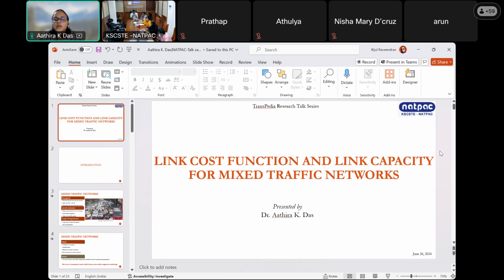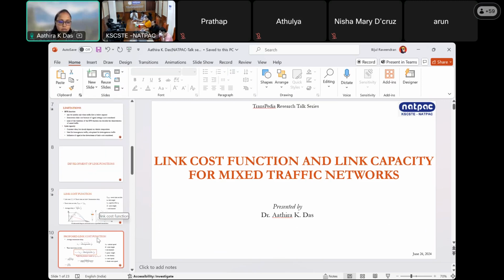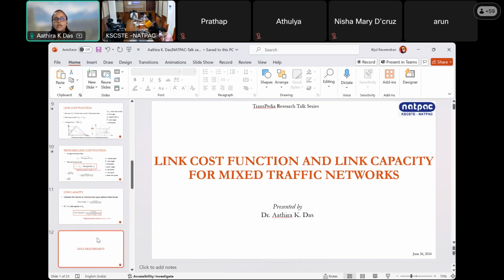I have compared with the BPR function. I calibrated the BPR function using the field observed travel time data and compared it, as I have shown in the validation results. Other than that, I have used the link cost function and the variable link capacity in traffic assignment for mixed traffic.